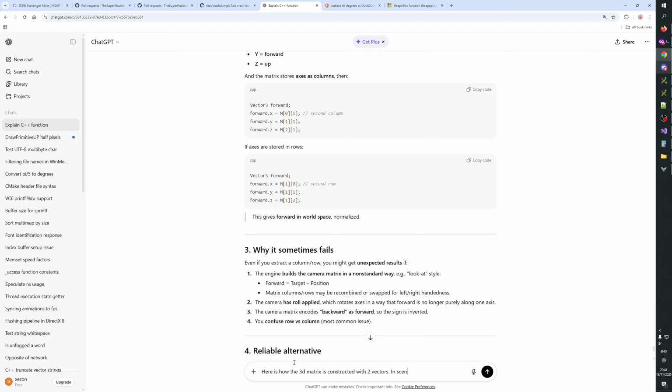In scene, everything looks correct. The application, the camera looks correct.